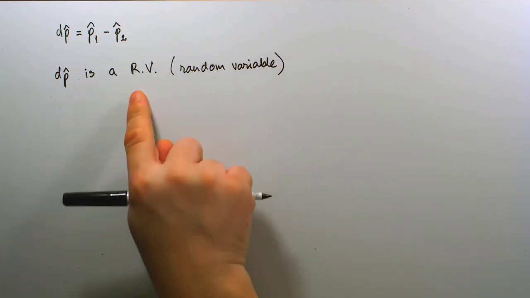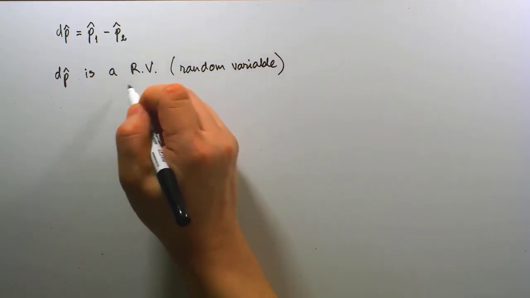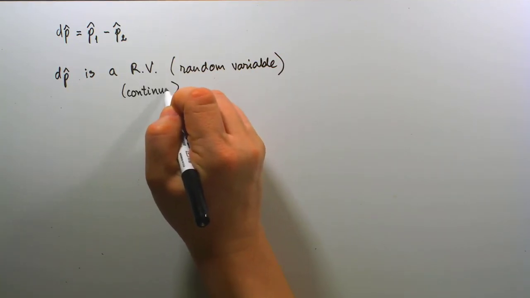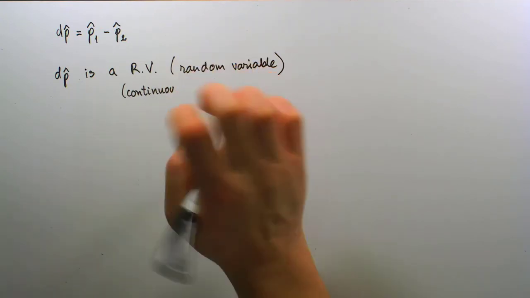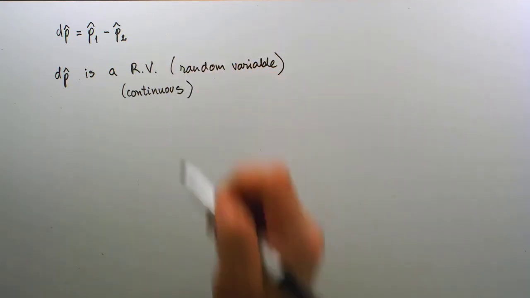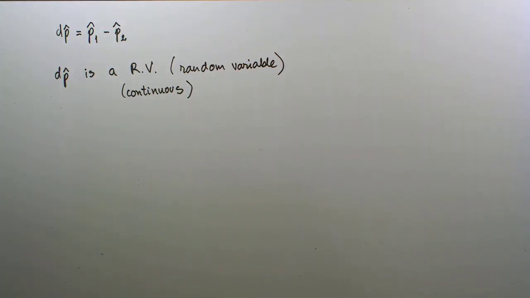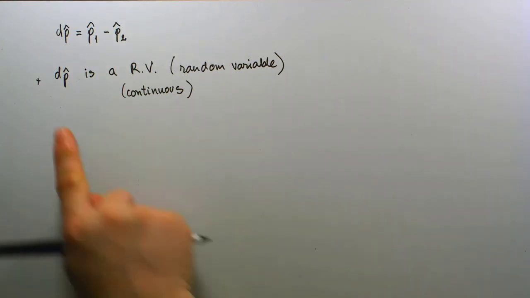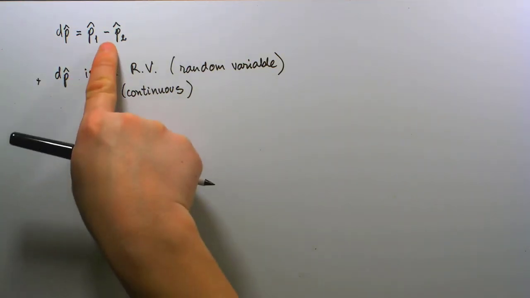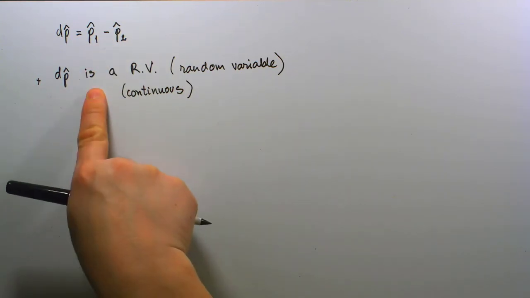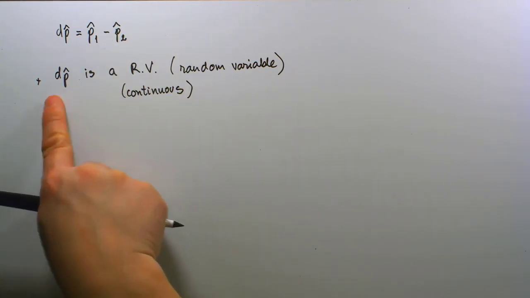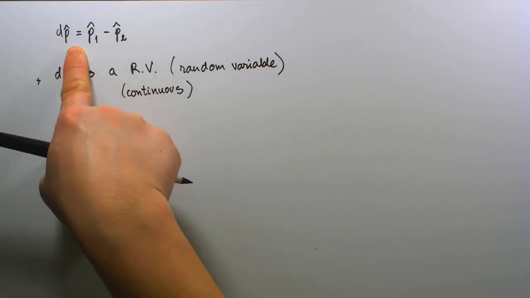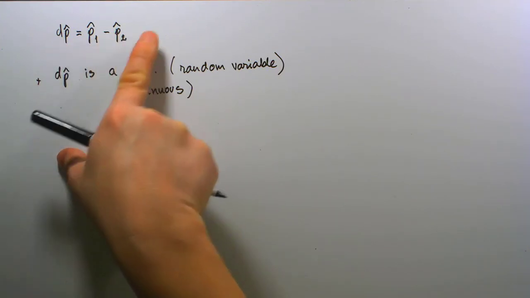And as a matter of fact, it is a continuous random variable. So that's the first fact to understand about dp hat once we have defined it. We realize it's a continuous random variable simply because we have agreed that dp hat, defined as such, has infinitely many values.